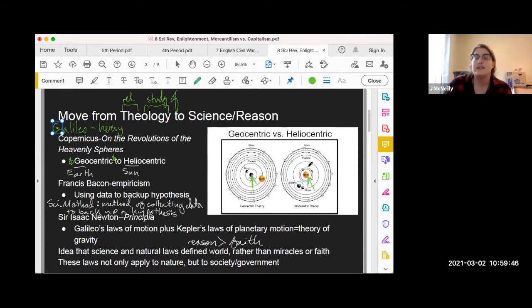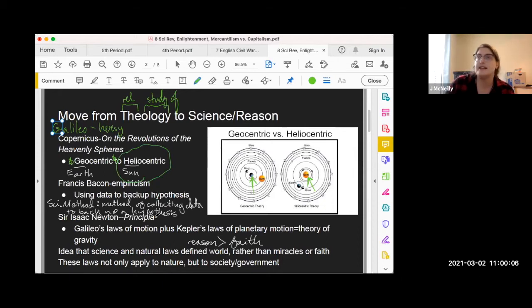Okay, the church is going to have a big problem with this because it counters centuries of their theory for the geocentric model. But remember, their influence has decreased, and there's no stopping the spread of this information due to the printing press. Okay, so we come to accept the heliocentric model.